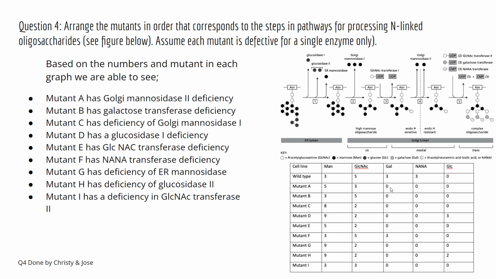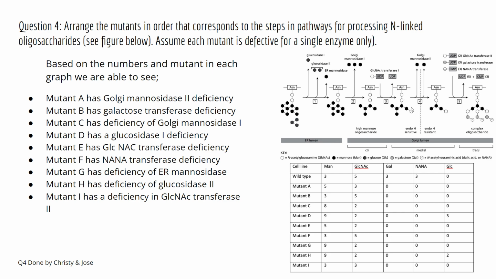We are not going to assume that the rest is complete. We should also check the rest of the molecules. Galactose, 0, that is the light gray one. There's 0. Nana, that's the dash, 0, 0. Glucose, 0, 0. So mutant A, the final form, is in between step 3 and 4.